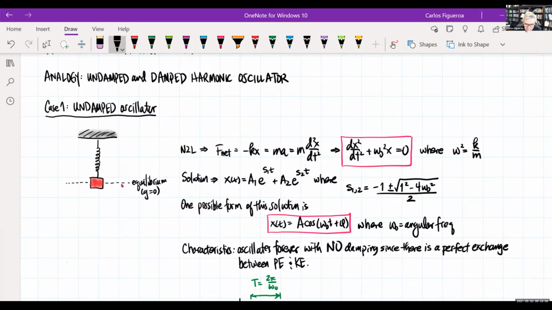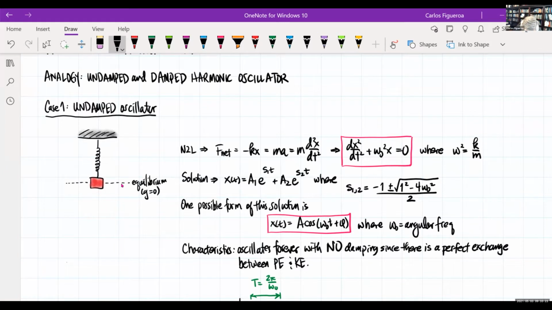Now, the proper solution that you probably learned, not the one that I was showing you, is going to say that the solution is A1 times e to the S1t plus A2 times e to the S2t, which is different than I said before. I think the way I was stating it was a little bit more advanced.